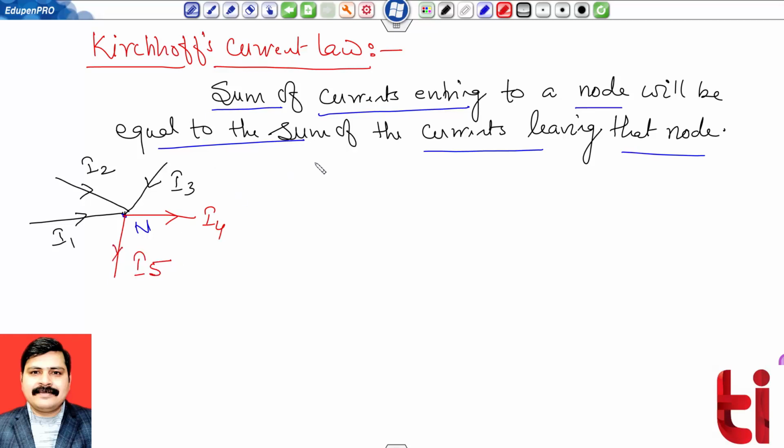So in general, one can define it this way also: the summation of Ik, where k varies from 1 to n, where n is the number of branches, will be equal to 0.